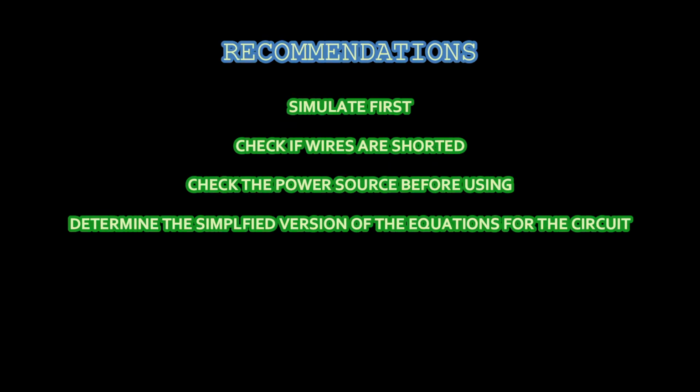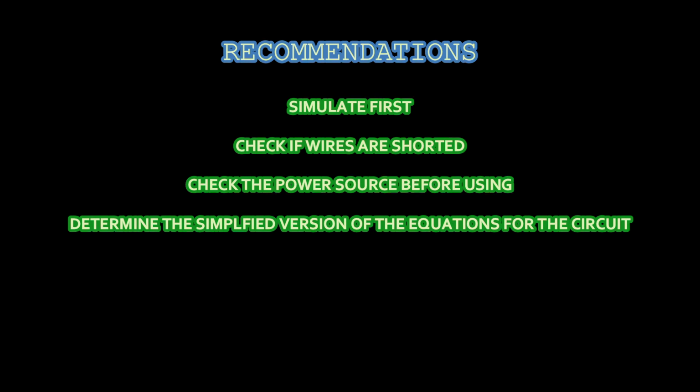For this experiment, I recommend that you first simulate the integrated circuits and the actual circuit before proceeding with the experiment to know the expected results. Check your wirings if they are shorted. Check your power source if it delivers enough power to operate and to be able to light up the LED being used.